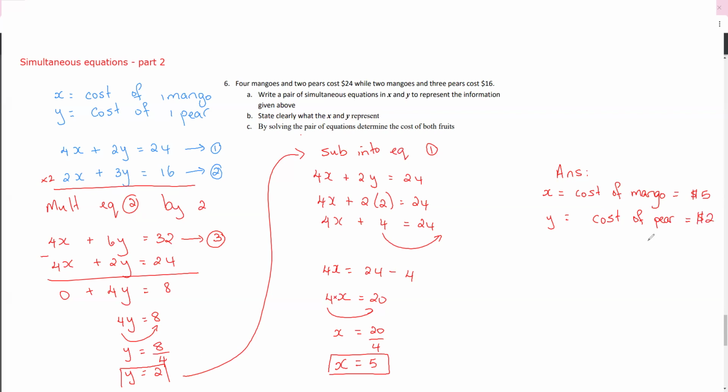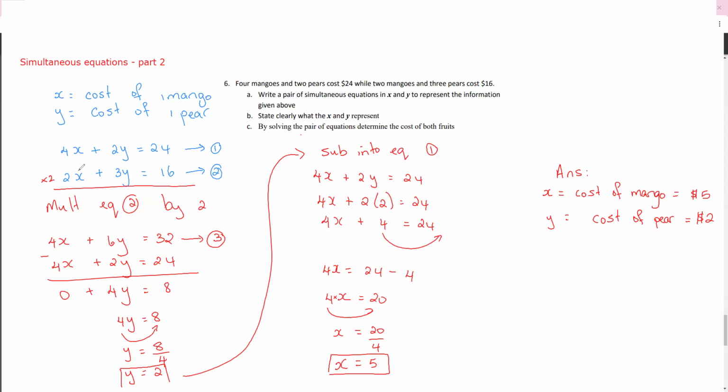So you make sure your last line is telling you what is the value of x and what is the value of y. All right. Remember, with simultaneous equations, you could always check back. You don't have to show this step.